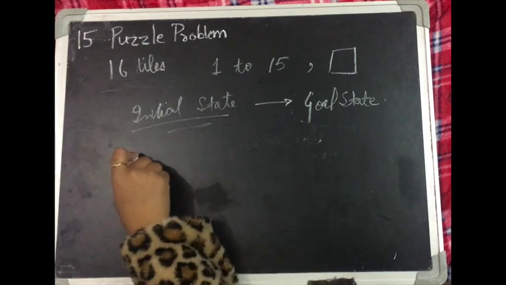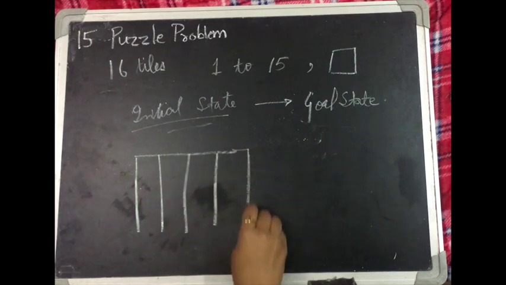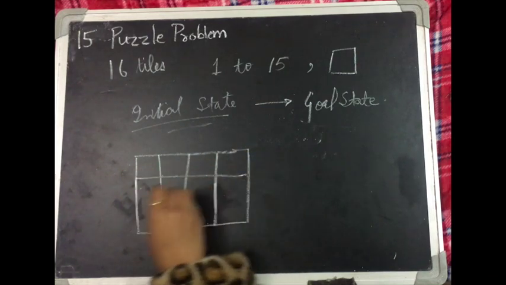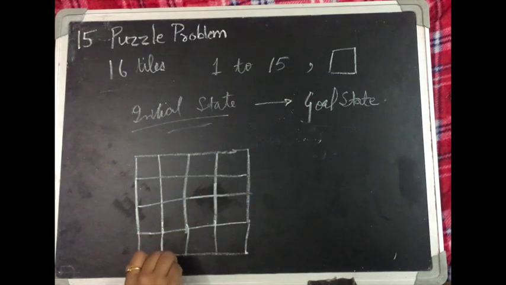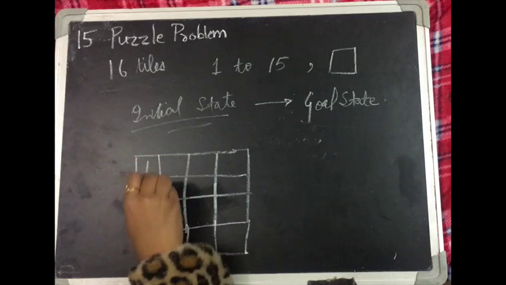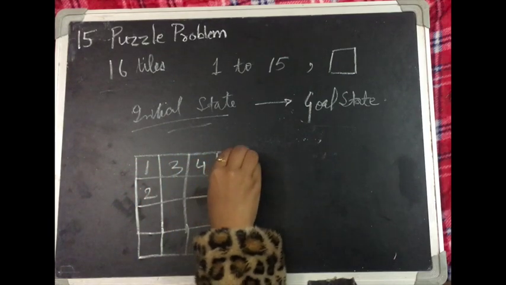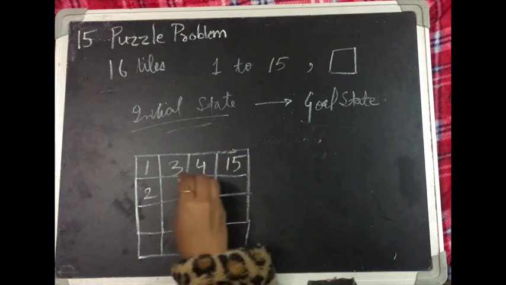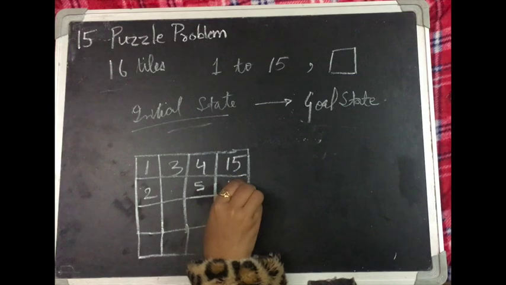this is my initial state. I have 16 tiles. My initial state is, let this one be empty, then 12.